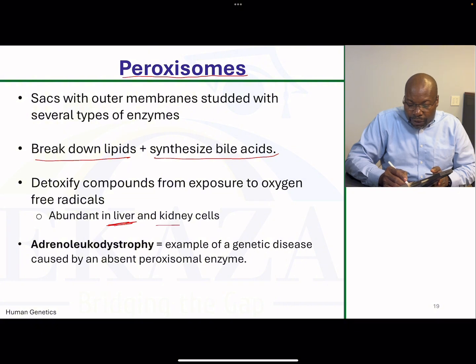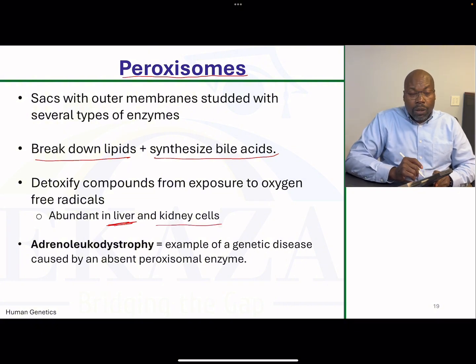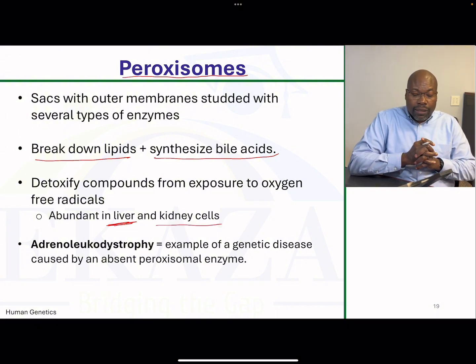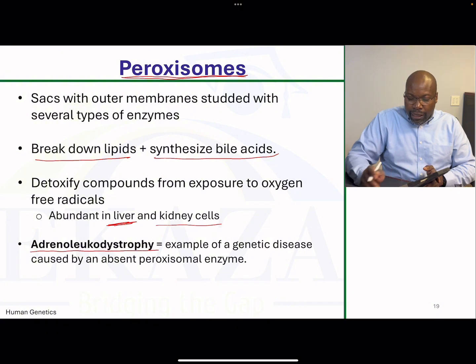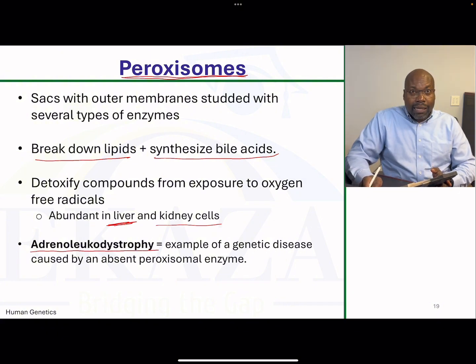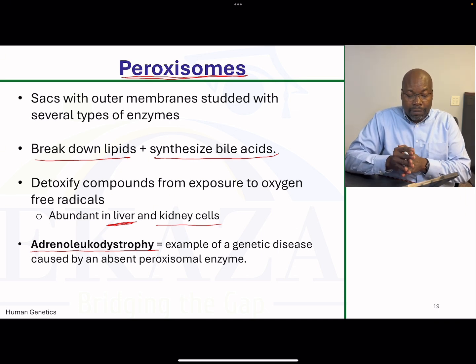They are also very present in the kidney. One condition that we see as a dysfunction of the peroxisomes is adrenoleukodystrophy. Adrenoleukodystrophy is actually a genetic disease that is caused by the absence of an enzyme in the peroxisomes.